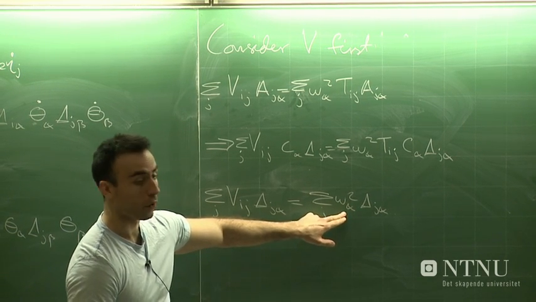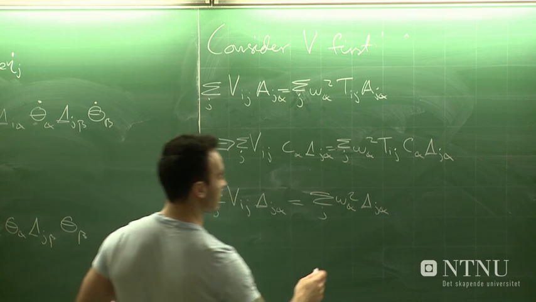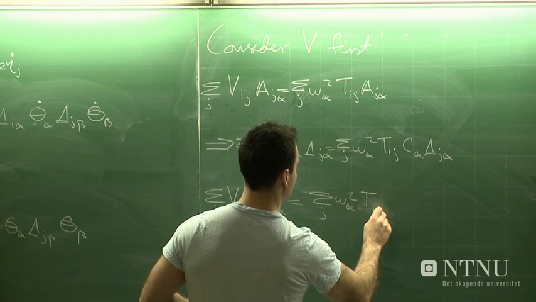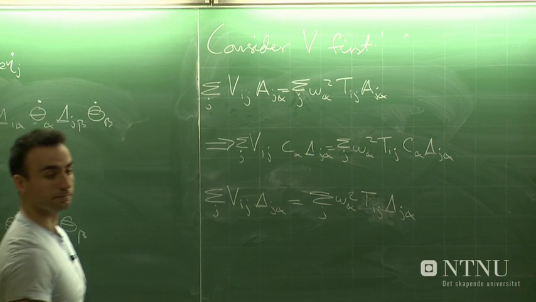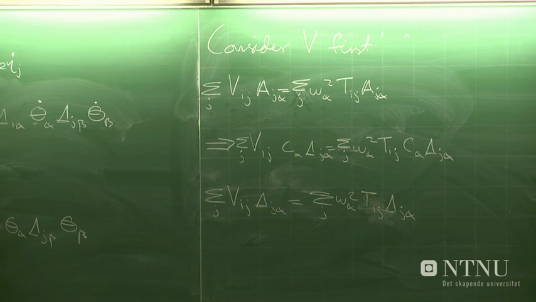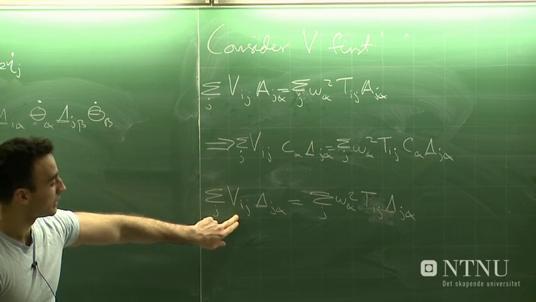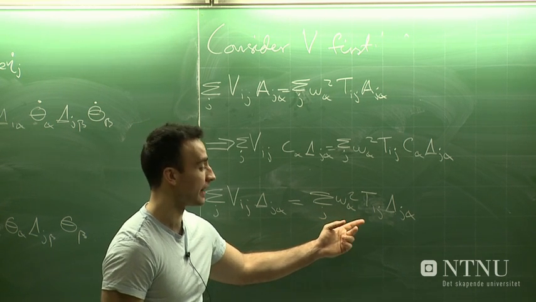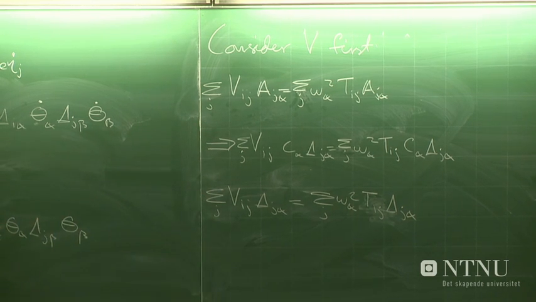So we put in omega alpha squared instead. Oh, I'm sorry, it should be a T. Like this, sorry. So we can now exchange this potential energy matrix element with the eigenfrequency and the kinetic energy matrix element. We can substitute it into here.